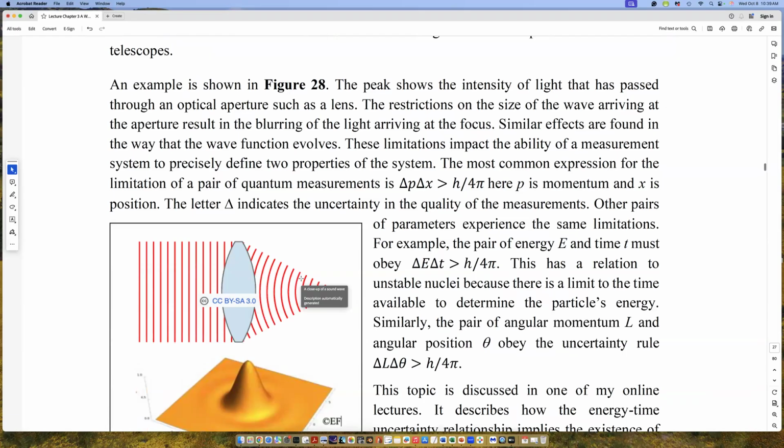And from that thinking, we get this. This is the uncertainty principle that says that the uncertainty in your measurement of momentum of a particle and the position of the particle has a limitation. It can never get below this number.